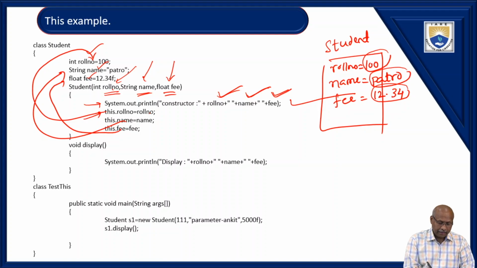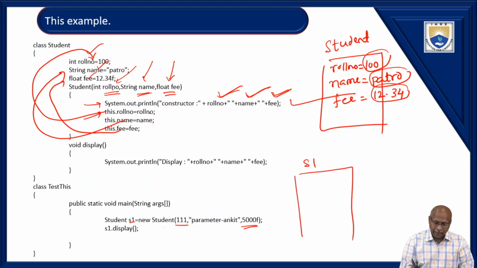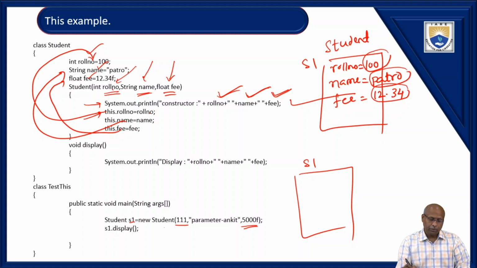In the class TestThis, Student S1 equals new Student with 111, Parameter Ankit, and 5000. So that means when I am creating the S1 object, automatically what will happen? It will be created, no doubt. This is my S1. By default, 100, Patro, 12.34 will be stored.